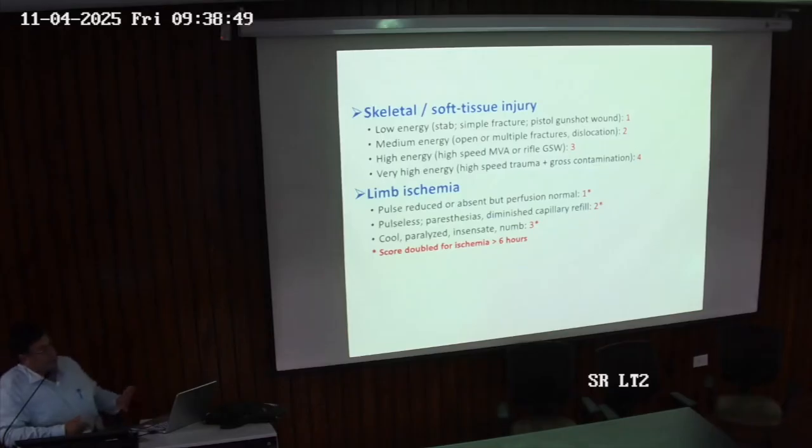Here the skeletal and soft tissue injury may be low energy, like a stab wound, simple fracture, or pistol gunshot wound, then high energy, high velocity. For limb ischemia, the pulse is reduced or absent, but perfusion is normal. How is perfusion in the distal part evaluated?